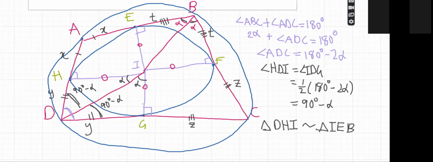And this is because we have the angle alpha here in DHI and the angle alpha here in IEB. So we have two similar right angle triangles.